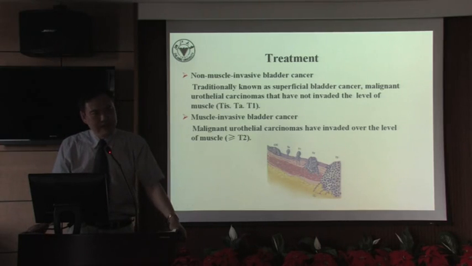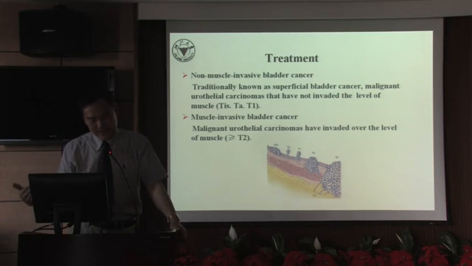So after we have diagnosed bladder cancer, how can we treat the patient? Therapeutically, bladder cancer can be classified as non-muscle invasive bladder cancer and muscle invasive bladder cancer.